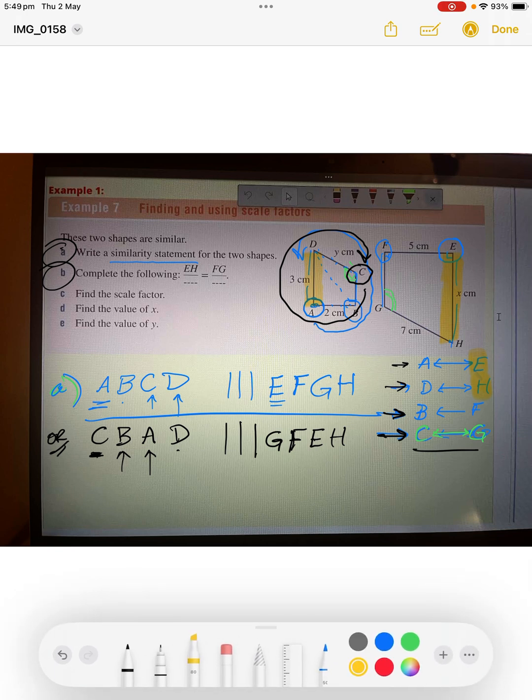So all you have to do is match. E matches with A, so you've got to write A underneath.